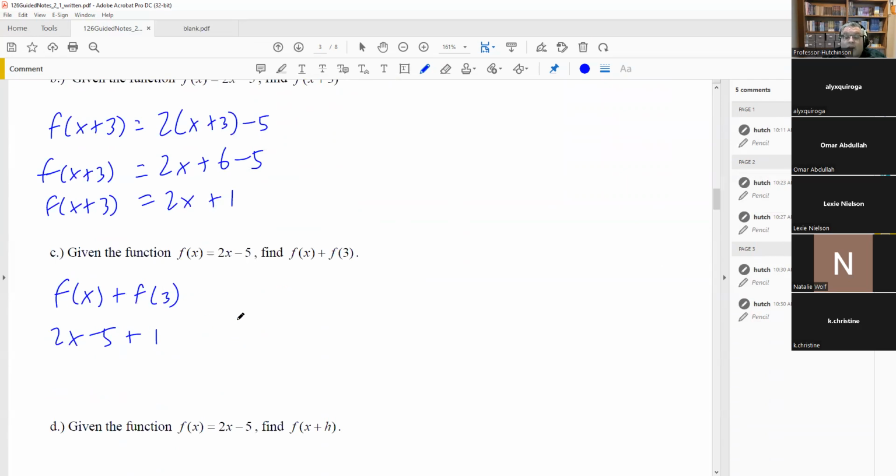So I just put that back in here. Then you're going to simplify it, and we get 2x minus 5 plus 1 is minus 4. So we can just write our answer like this: f of x plus f of 3 is equal to 2x minus 4. And that would be your answer on that one.